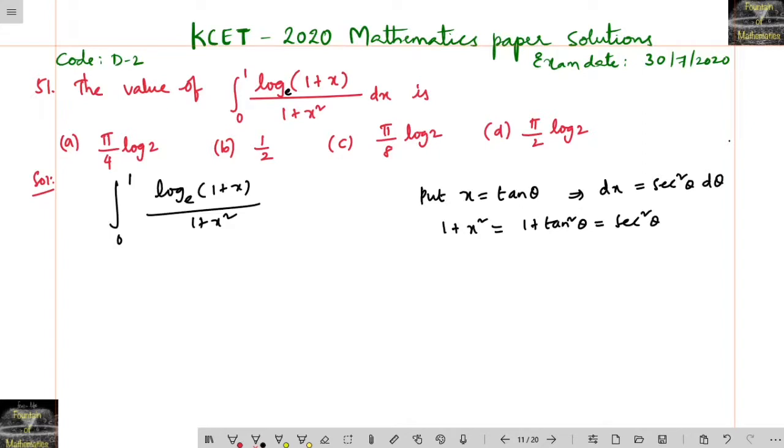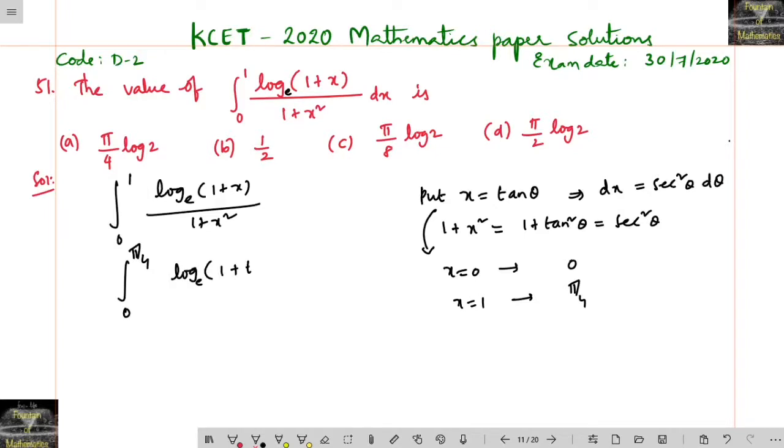The limits also change: when x is equal to 0, tan 0 gives theta 0, and when x is equal to 1, tan theta equals 1 means theta is pi by 4. So we have 0 to pi by 4.